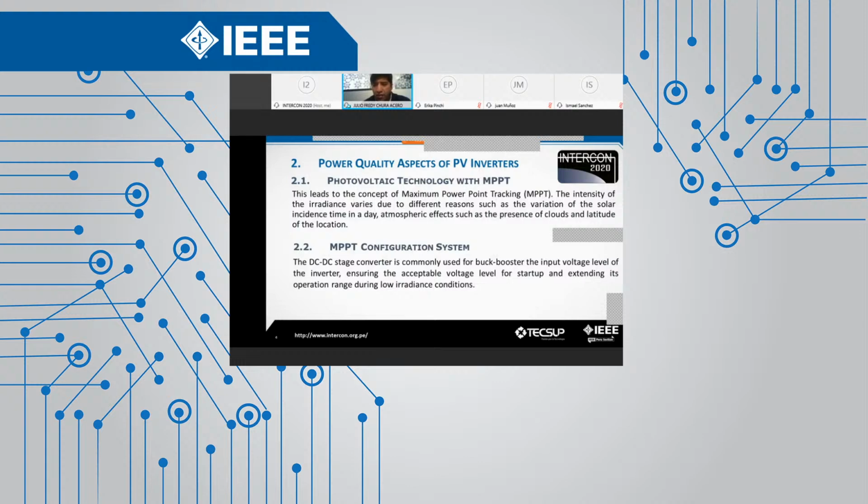That is why the altiplano is located in a good point. The number two, the MPPT configuration system, the DC stage converter, is commonly used as a buck booster. This technology sets the input voltage level of the inverter, ensuring an acceptable voltage level for startup and the same thing for its operation range during low irradiance conditions.